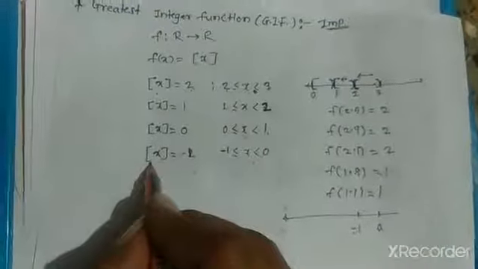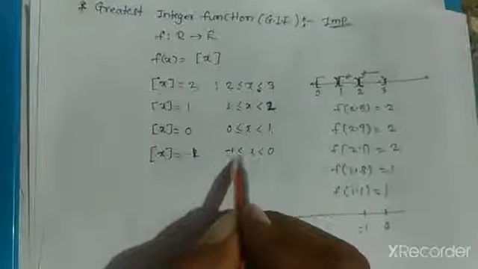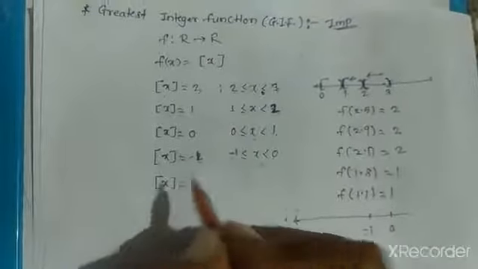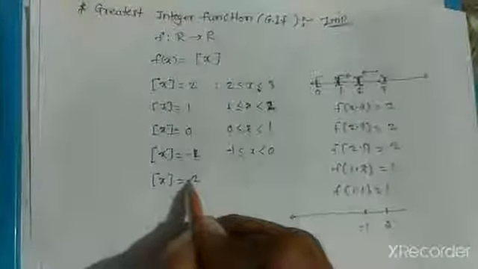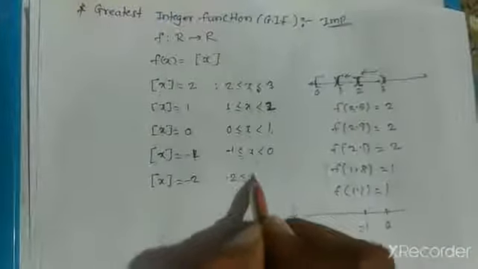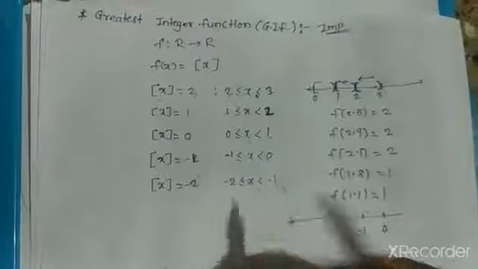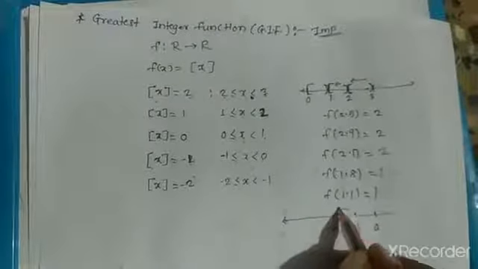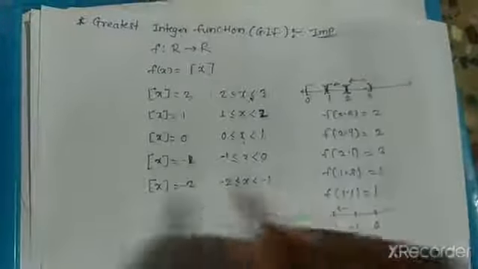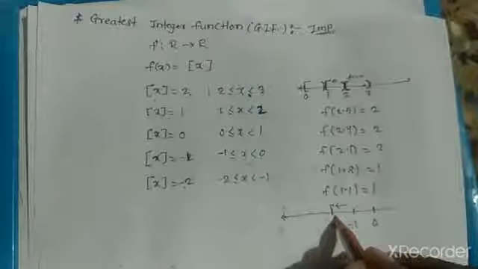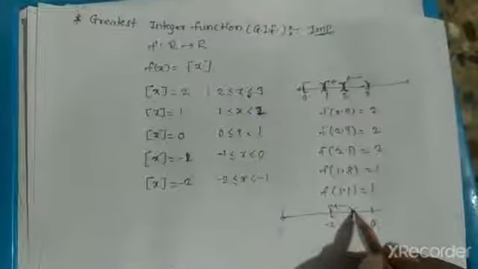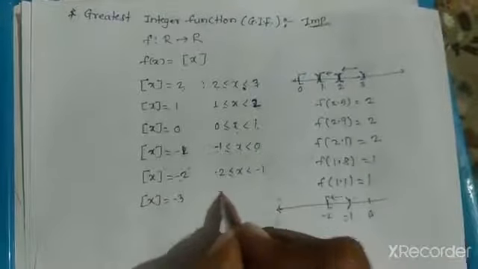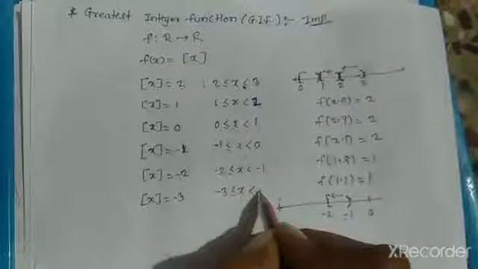So its greatest integer function is -1 for -1 less than or equal to x less than 0. Next, the greatest integer function is -2 for -2 less than or equal to x less than -1, because -2 is less than -1. So its left integer is -2, and its interval is from -2 to open at -1. Similarly, it is -3 for -3 less than or equal to x less than -2.